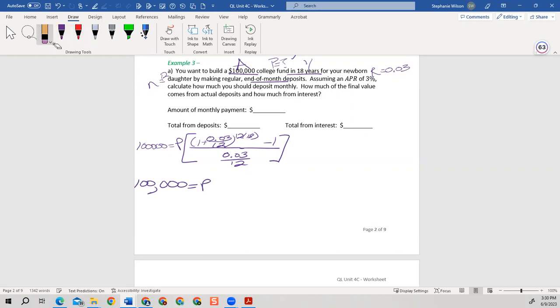My comma looks terrible, so I just did a space, but I shouldn't have. Anyways, let's get this all to a number. I'm going to take 1 plus that fraction, working on the numerator, raise that to the power of 12 times that 18, subtract 1, and then divide it by my fraction.